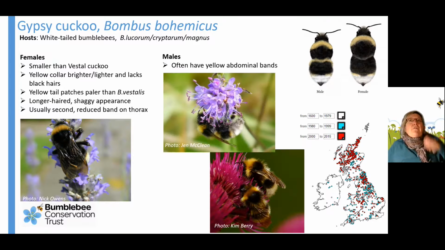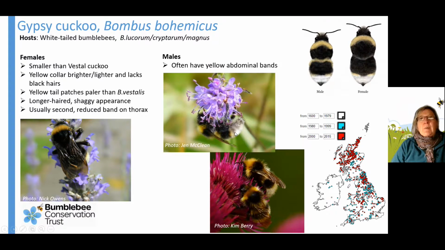It can be very, very challenging to separate bohemicus males from vestalis males in the field. This is something that we are going to look at in more detail in a later video. But basically, again, they average slightly smaller, they're fluffier.